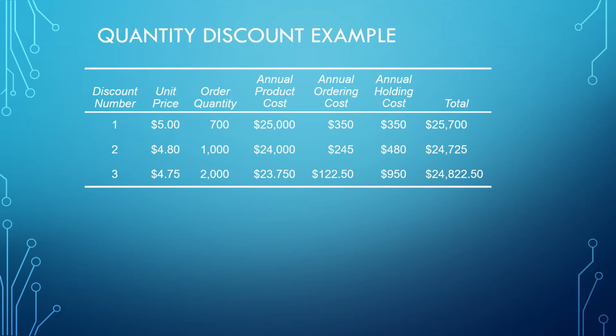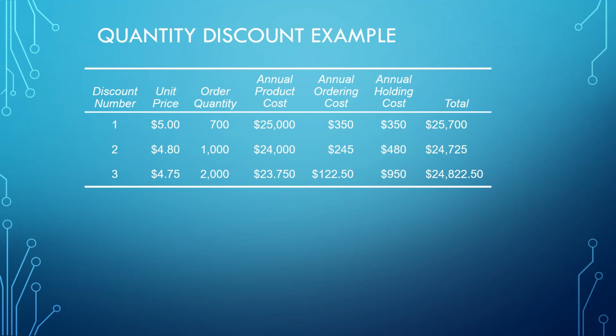Once we divide 5,000 by 700, we multiply that by 49, which is the cost of one order, and that will equal $350 as shown here. So the annual ordering cost for the first discount is $350 when we have $5. For the second one it is $245, and for the third one it is $122.50.